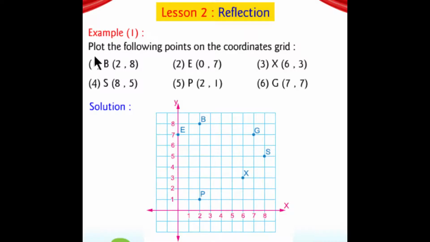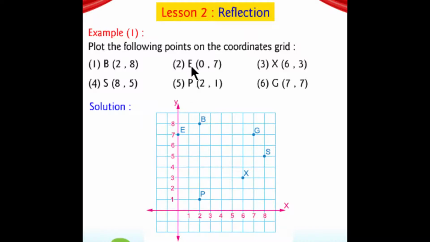Example 1. Plot the following points on the coordinate grid. 1. The point B, (2, 8). First 2 on the x-axis, and 8 on the y-axis. The intersecting point is the point B, (2, 8). 2.